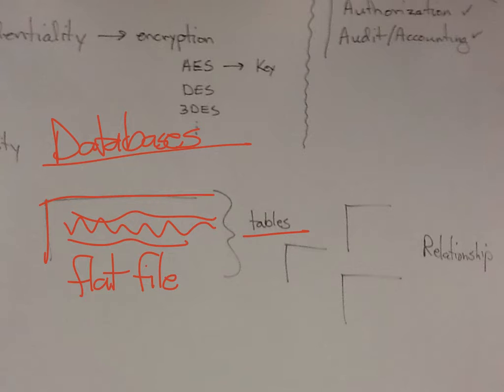Well, these tables, often referred to by me as entities, we can actually create tables covering different entities. An entity might be faculty, another entity might be students, another entity might be courses. And then we can build a relationship between those. We'll try to draw that here.